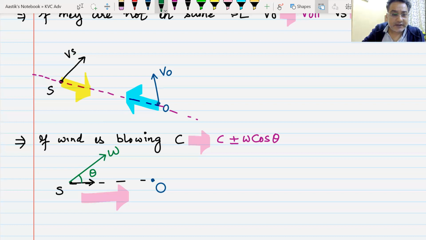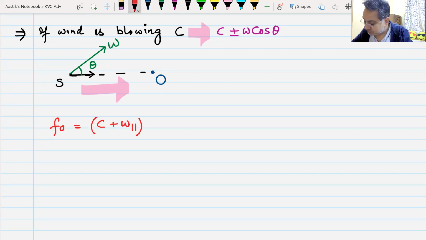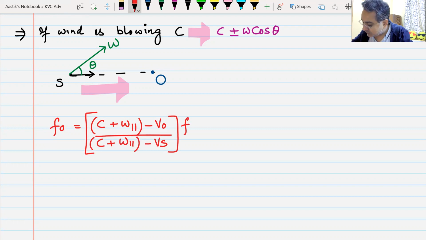If I keep everything together and write the formula of F naught, it will look like this: F naught equals C plus W parallel minus V naught, divided by C plus W parallel minus Vs, times Fs.